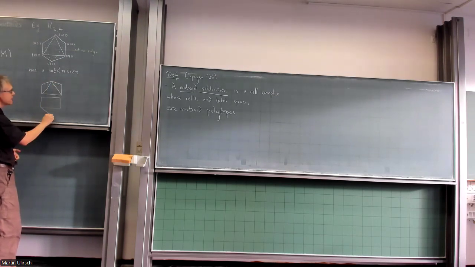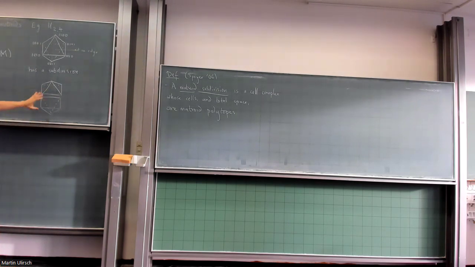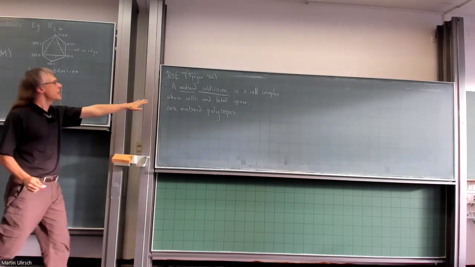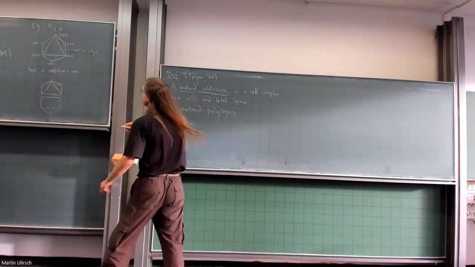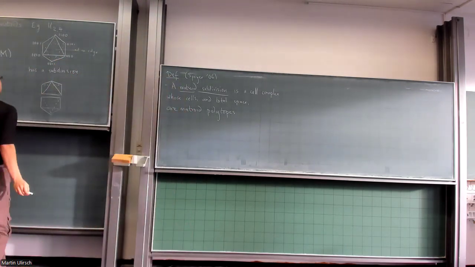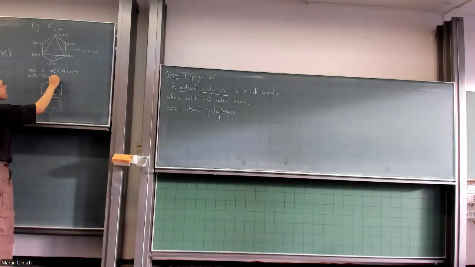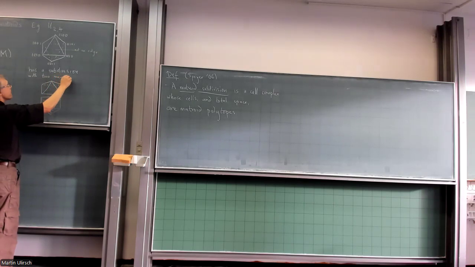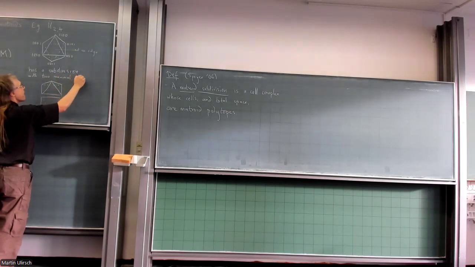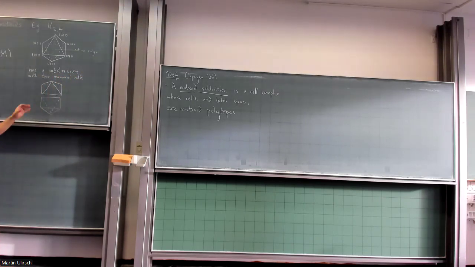I'll just draw the maximal cells like this, and their faces are the cells of the complex. The total space is this guy, and so 2 maximal cells. Since I didn't introduce any new edges, I didn't ruin the matroid property. This is a matroid subdivision.